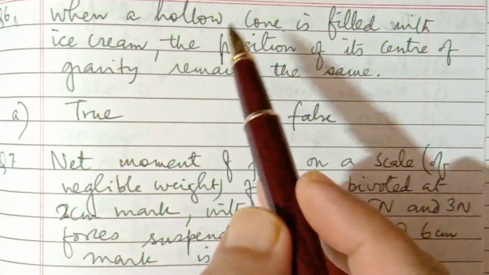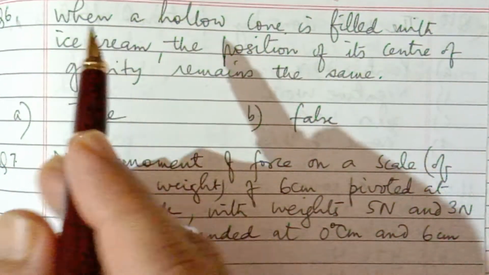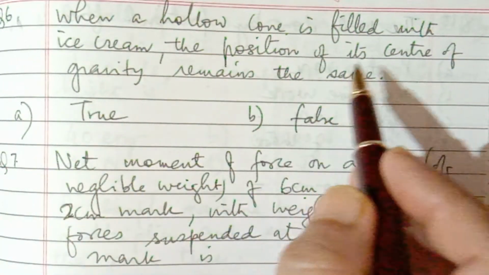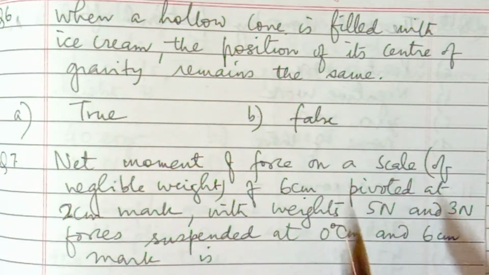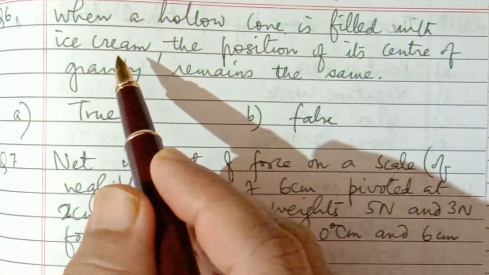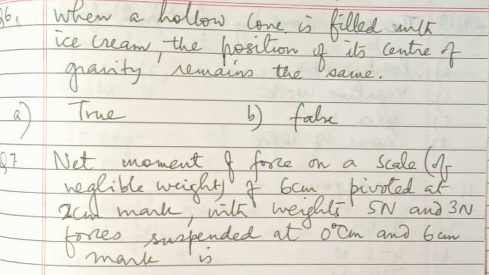When a hollow cone is filled with ice cream, okay, so ice cream cone is hollow and it is filled with ice cream. The position of its center of gravity remains the same. Now when we fill that hollow cone with ice cream, it will be a solid cone, complete. So that means more mass is added in that hollow space. So the position of the center of gravity will be shifted.